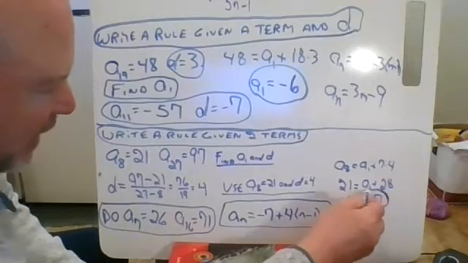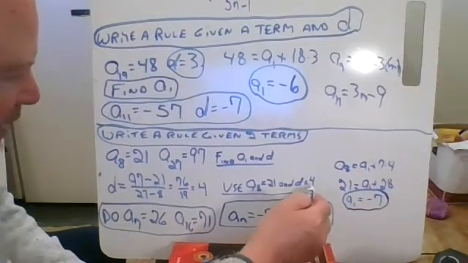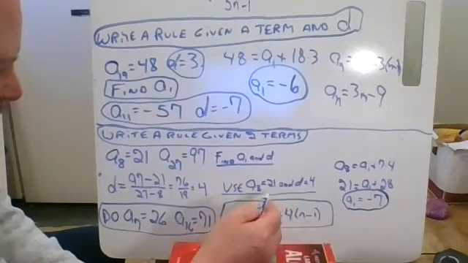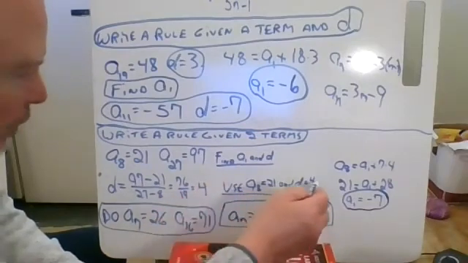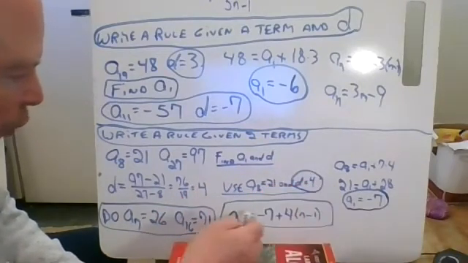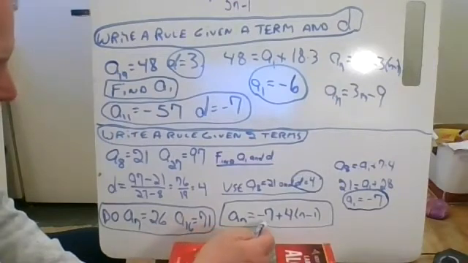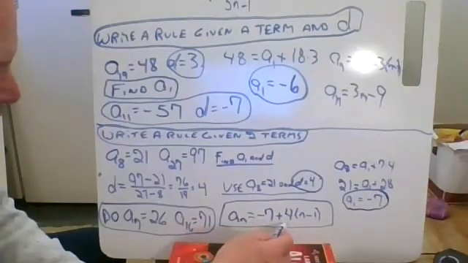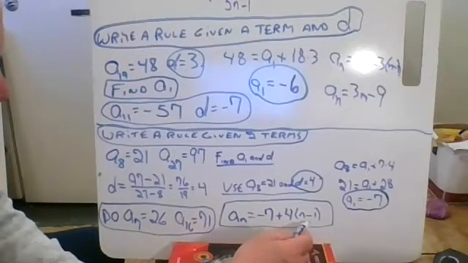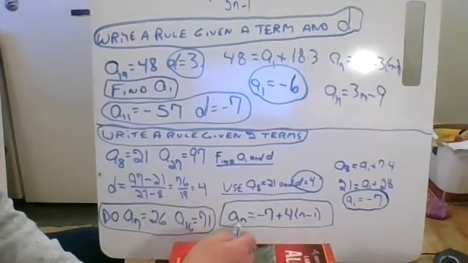And now you've got a sub 1 and you have d. d is 4. And so a sub n must be a sub 1, negative 7, plus n minus 1 times d, plus 4 times n minus 1. And now you've got your term generator.